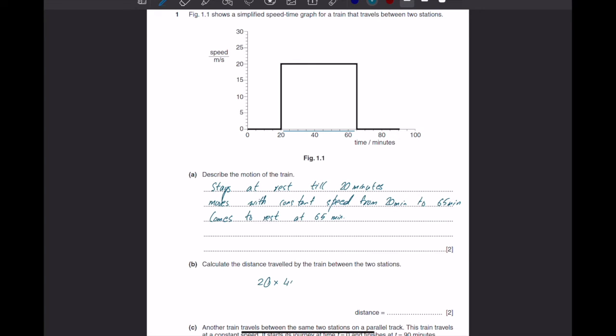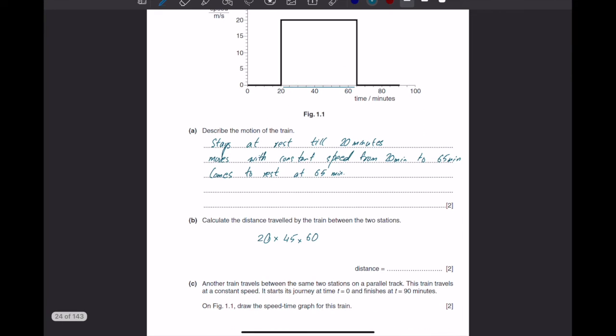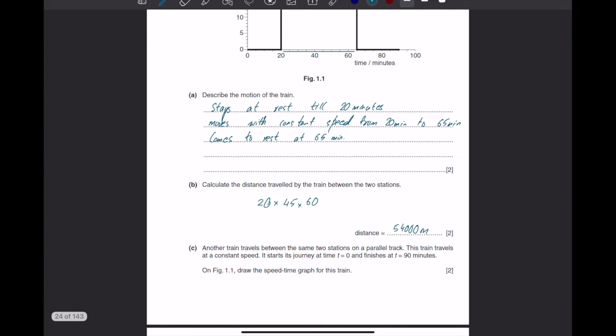That should be 45. But don't forget that speed is in meters per second, whereas time is in minutes, so I'm going to have to multiply this by 60 to get the time in seconds as well. As I calculate this, this comes out to be 54,000 meters. So I can write it as 54,000 meters, or I can also write it down as 54 kilometers.